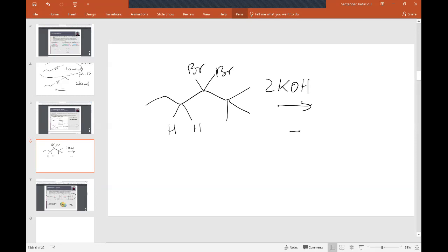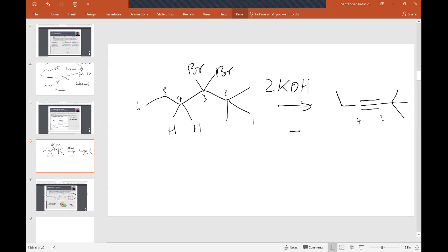And then the product that I will obtain, if this is my carbon 1, 2, 3, 4, 5, 6, I will end up with a triple bond between carbon 3 and 4. And I will still have my carbon 2 with that isopropyl there, and then my carbon 5 and 6 are still attached there.